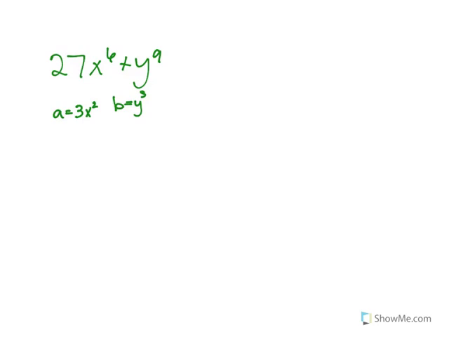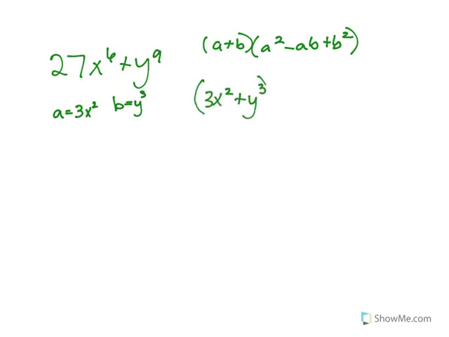Okay. So, again, it is a plus b, a squared minus ab plus b squared. So our a is 3x squared, our b is y cubed. a squared is 3x squared squared, minus, and multiply these two.